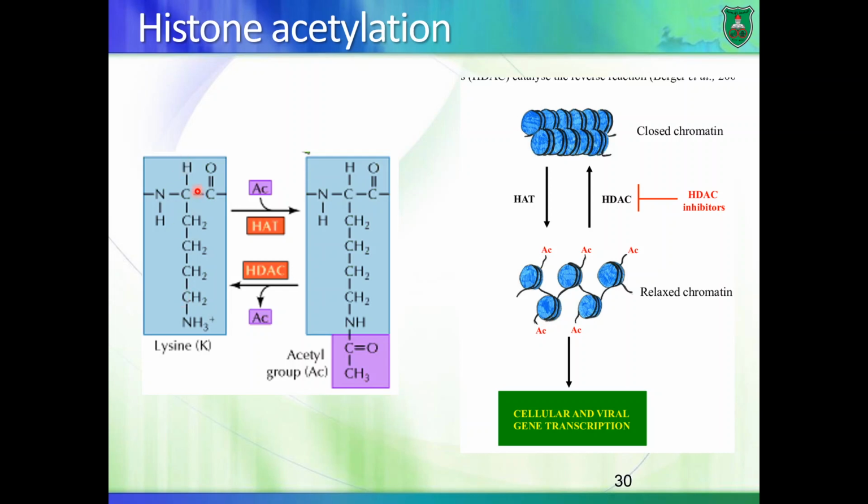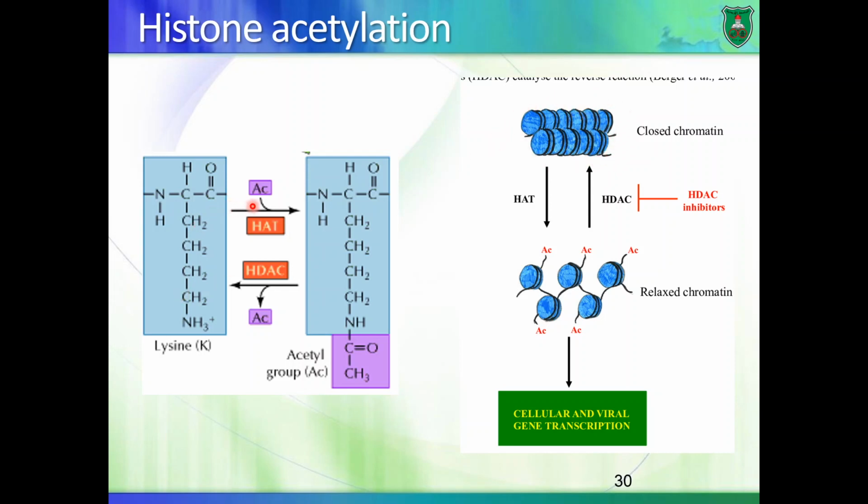Well, this is one of the amino acids that histones are rich in. It's lysine, it's positively charged. So when lysine exists in the ionized form, when the positive charge is exposed, it has very strong interaction with DNA, making the DNA compact, in the heterochromatin structure.